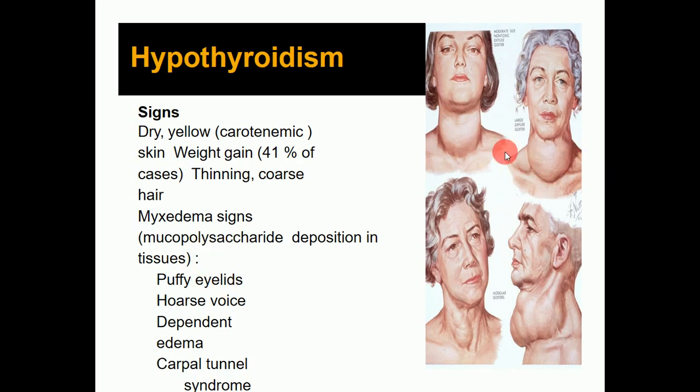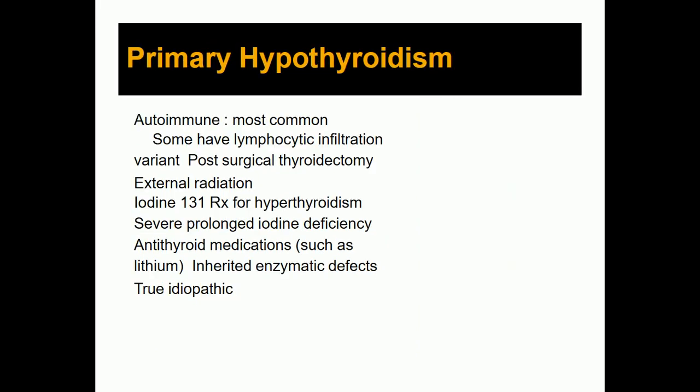Look at this: this is hypothyroidism, because the thyroxine is not properly secreted. You can see puffy eyelids, hoarse voice, dependent edema, and carpal tunnel syndrome. Primary hypothyroidism is actually autoimmune, the most common cause, and some have lymphocytic infiltration.